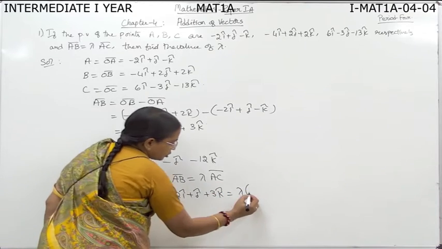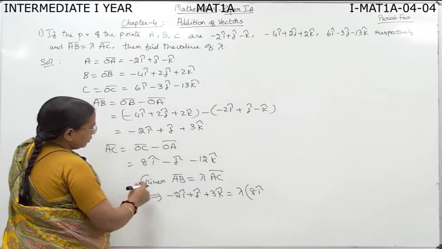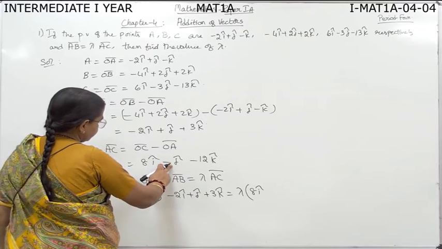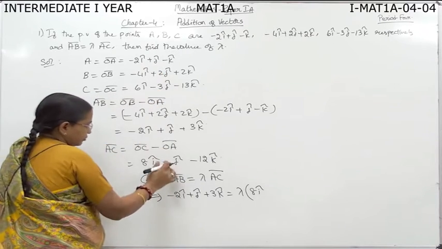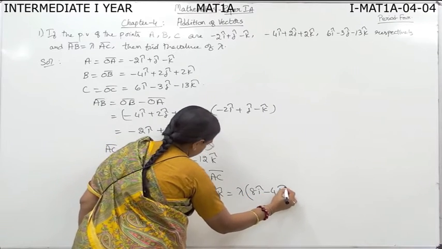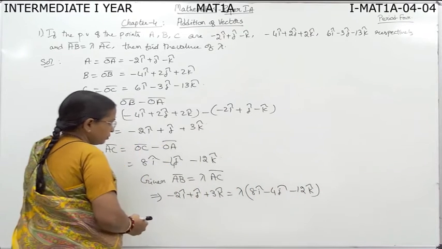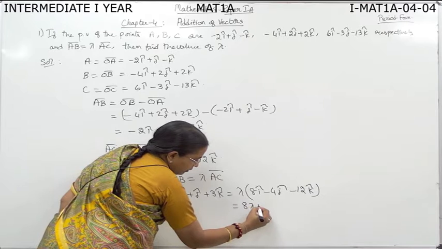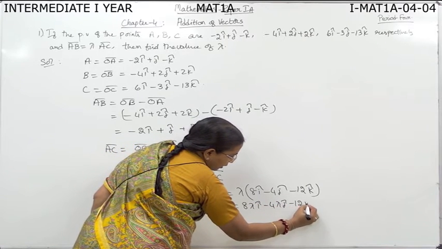AC value we will substitute: 8i minus 4j and then minus 12k. Now we'll simplify this. We'll multiply, so it is 8 lambda i minus 4 lambda j minus 12 lambda k.